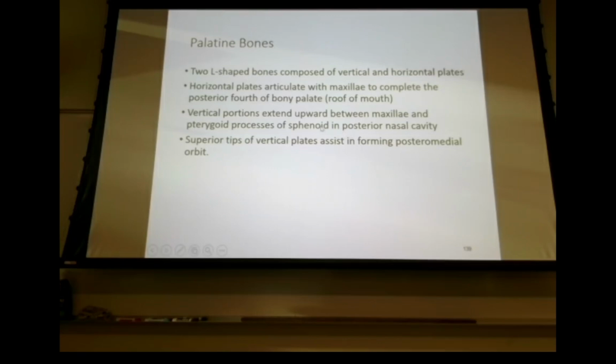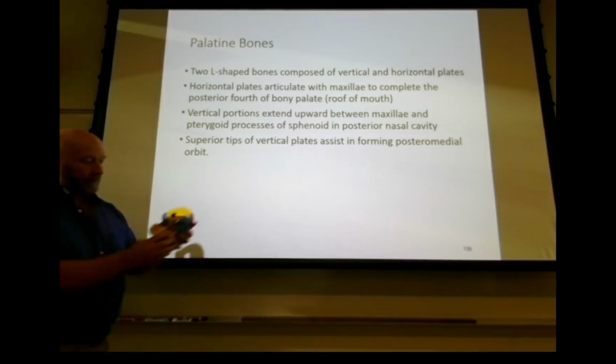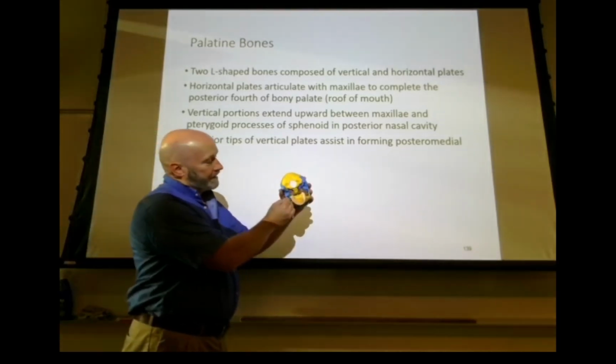All right, so the palatine bones, they form the posterior portion of the hard palate. So the hard palate is formed by two things, one being the maxilla, but the other being those palatine bones. So if I were to take this guy's mandible off, we should be able to see that a little bit better. And they really should have made this a different color, but can you see the difference in yellows?